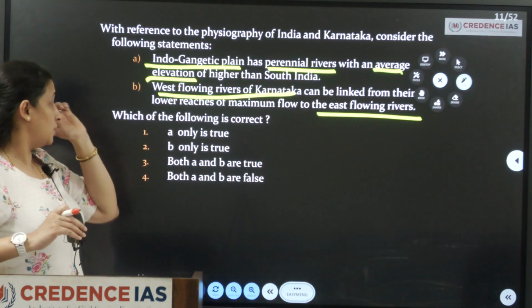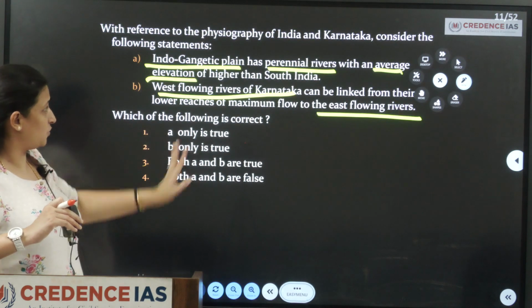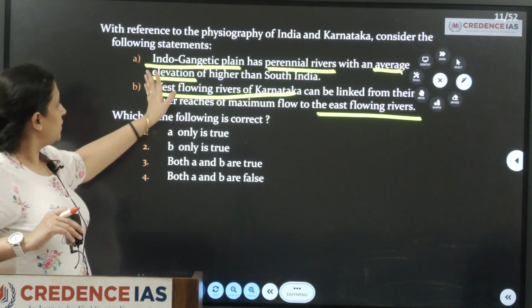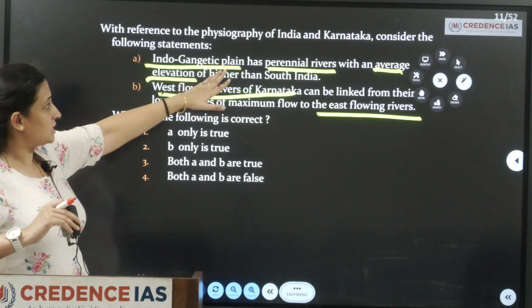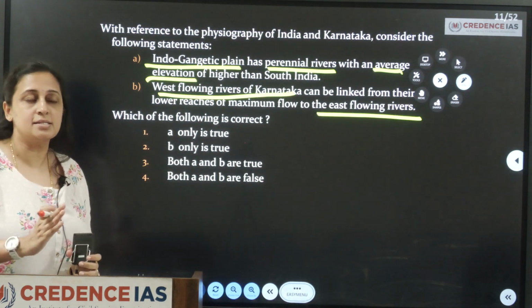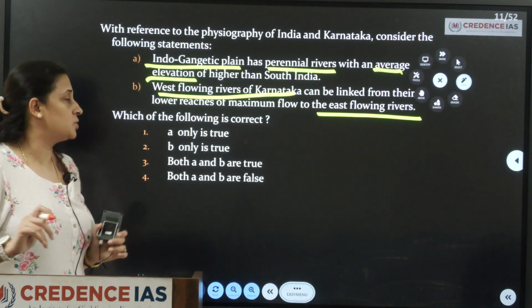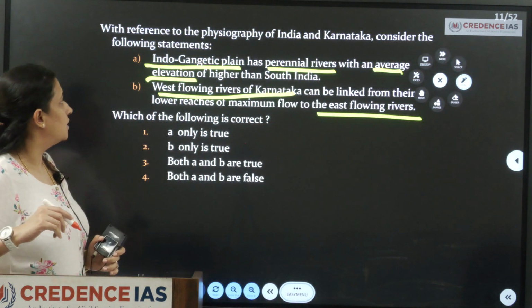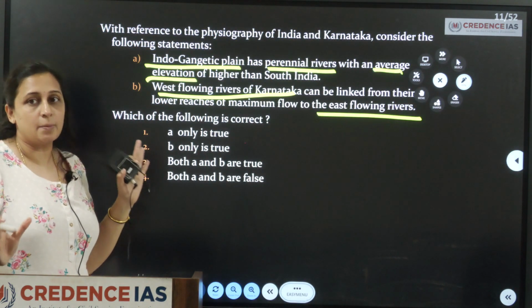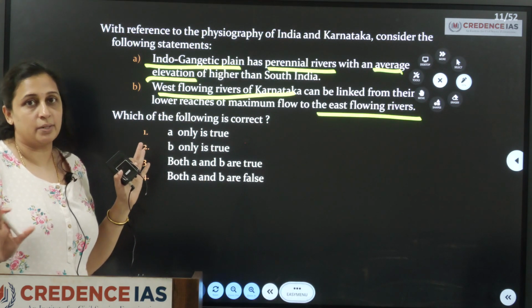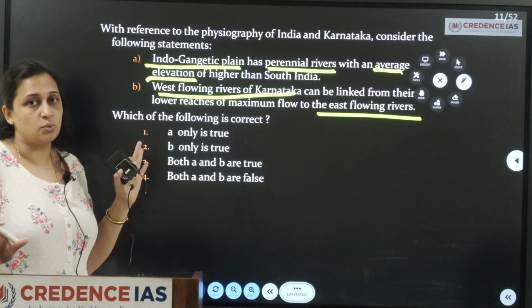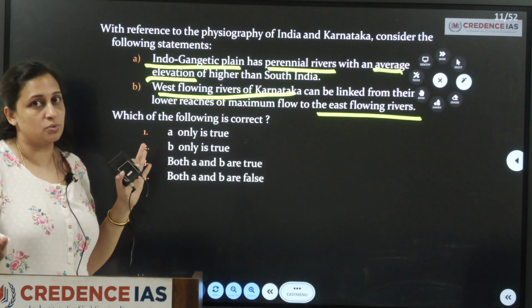Now, which of the following is correct? Indo-Gangetic plain has perennial rivers, perennial in the sense which flow throughout the year. So Indo-Gangetic plain rivers, yes, they are perennial rivers. They are not dependent on the rainfall, unlike South Indian rivers, which are dependent on the monsoon season.